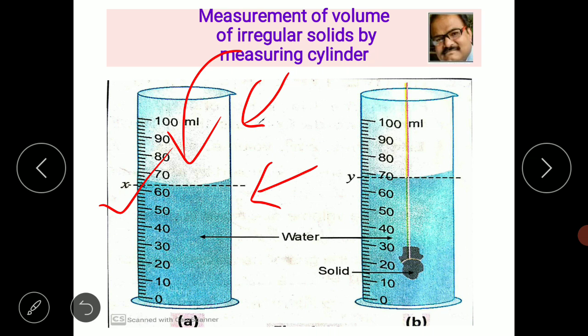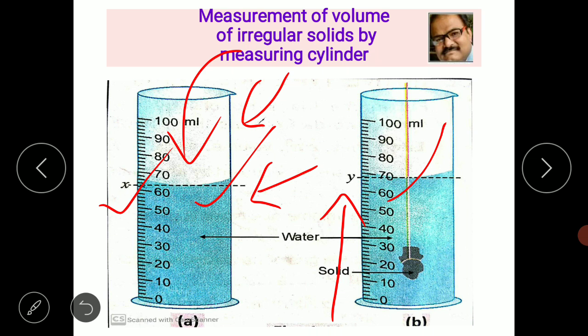As soon as the irregular solid is immersed inside the water, the level of water will rise up to the Y level. We read it, Y cc. Earlier the volume of water was X cc, and after immersing the irregular solid, the level of water rises to Y cc.